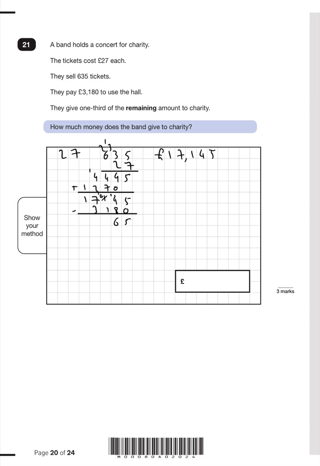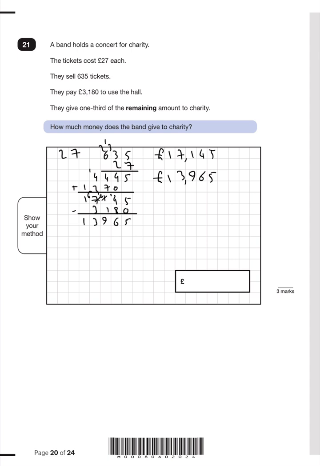We'll do 10 minus 1, which is 9, by making the 7 a 6. 6 minus 3 is 3. 1 minus nothing is 1. So they're actually left with 13,965. They give 1/3 of that to charity. How much do they give to charity?